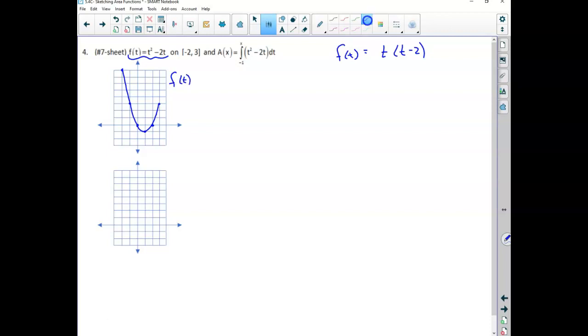Okay, it's actually f of t, but it's also the same as little f with x in it, which actually equals the derivative of my area function. Here's a huge connection right here. The fundamental theorem, part 1: the derivative of the area function is little f with x in it, okay?